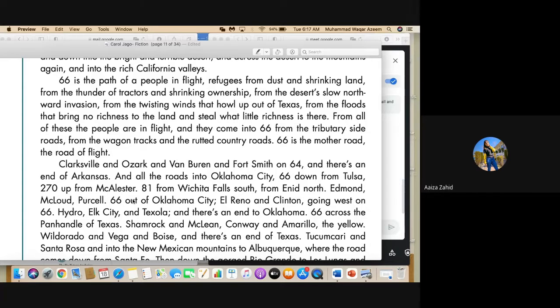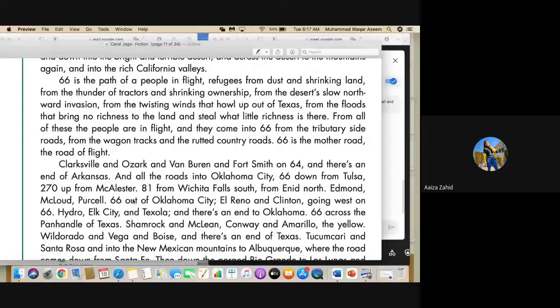From all of these, the people are in flight, and they come into 66 from the tributary side roads, from the wagon tracks and the rutted country roads. 66 is the mother road, the road of flight. Clarksville and Ozark and Van Buren and Fort Smith on 64.